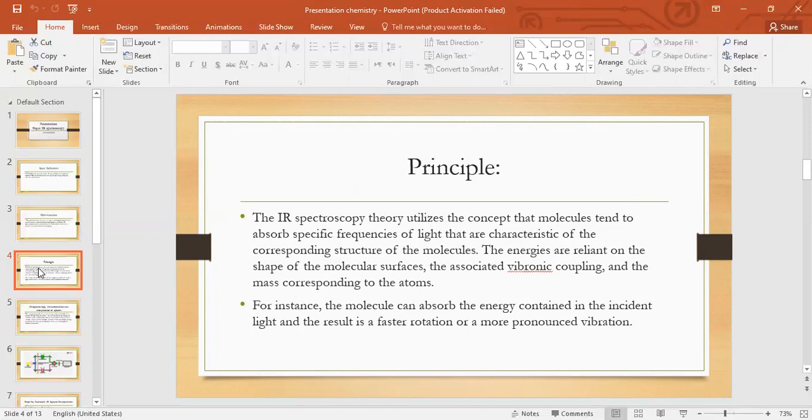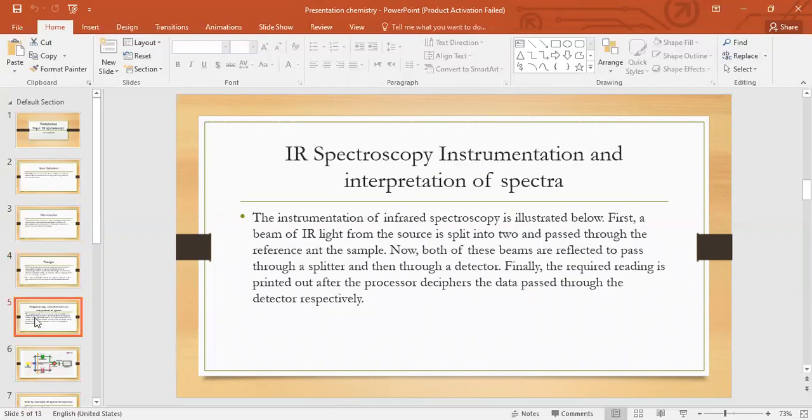The energies vary depending on the shape of the molecular surface, the associated vibronic coupling, and the mass corresponding to the atom. For instance, the molecule can absorb the energy contained in the incident light, and the result is a faster rotation or a more pronounced vibration. So this is the basic principle on which IR spectroscopy works.